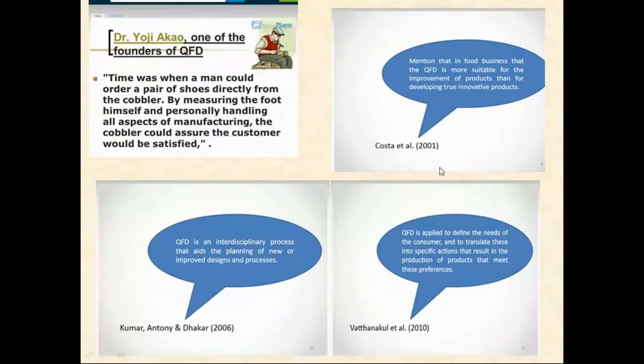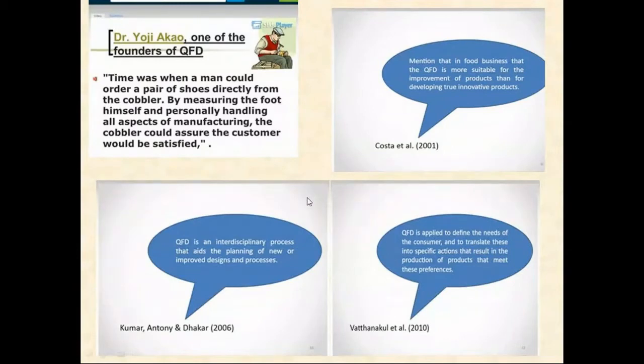There has been a number of research studies carried out, whether in dairy products or in service sectors like educational institutions, banking, hospitals, and then manufacturing industries. Especially in the automobile industry, it was introduced first in Toyota, and it was found to be a success.